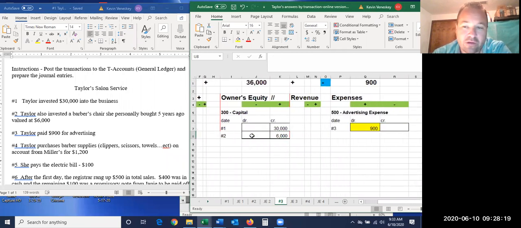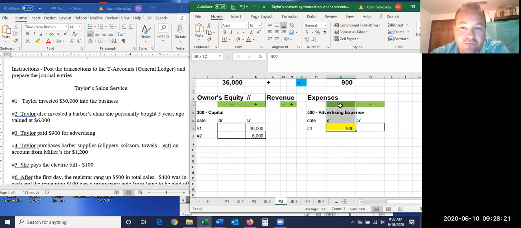And then you come over here and think, uh-oh, this increased my equation by 900. Well, that's true and not. Yes, it did increase my expenses, but when I'm looking at the equation, the minus sign in the equation overrules. Whatever this positive is, it's going to become a negative in the equation. So we had negative 900 on the assets, and in the equation, we have minus 900 in the expenses. So it still balances.